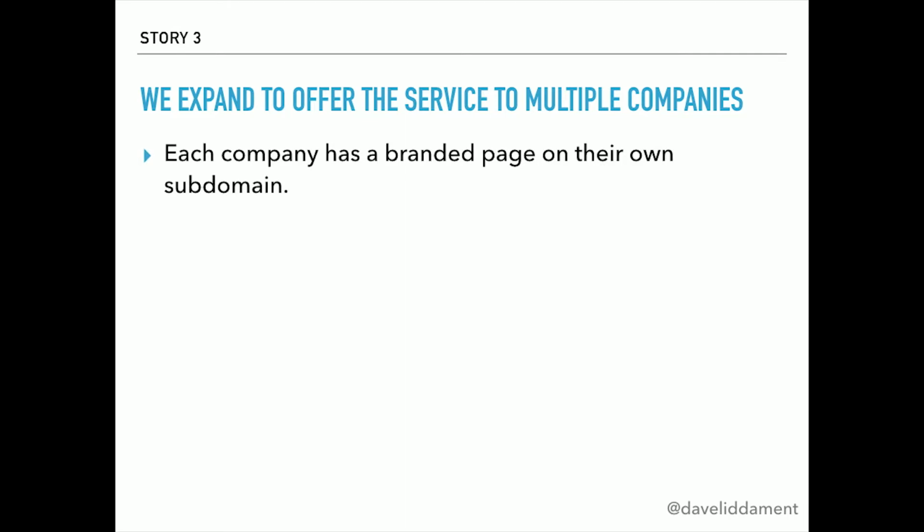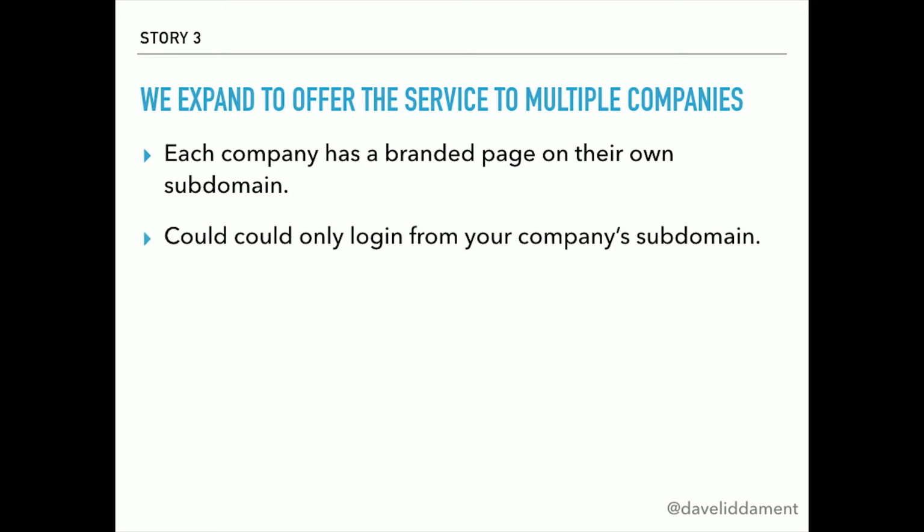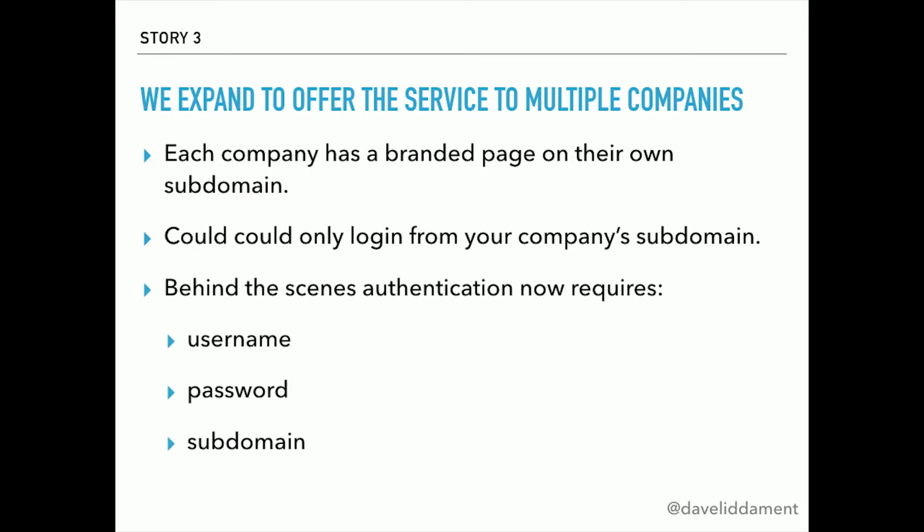That means each company has their own branded page with their own subdomain, and the extra bit that's interesting for us is that you can only log in via your company's subdomain. So behind the scenes, our authentication changes slightly. Whereas before we needed username and password, now we give the username and the subdomain of whatever page we're on. So only if all those 3 match can we successfully log in. So I implemented the code, tested all that new bit, and then I ran the code on the existing stuff.